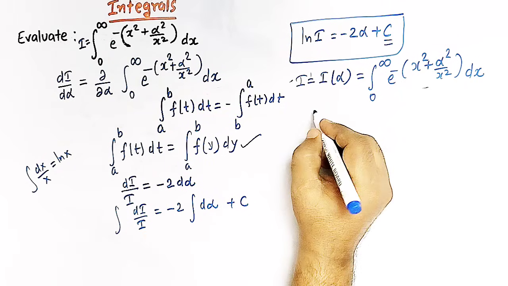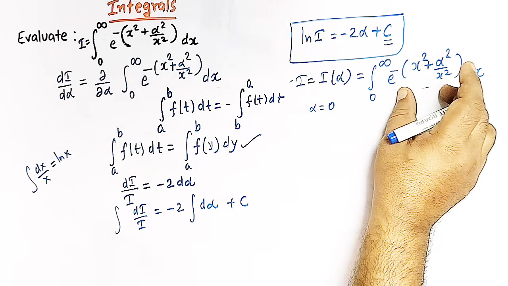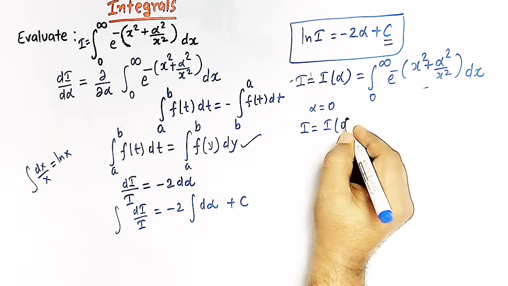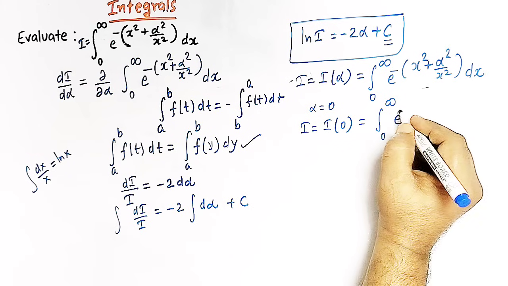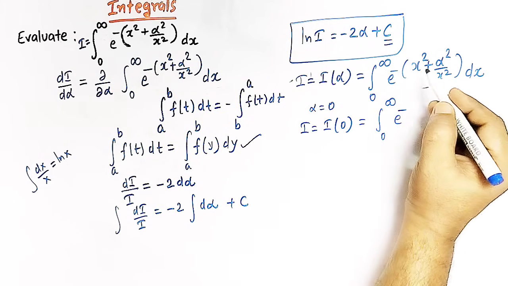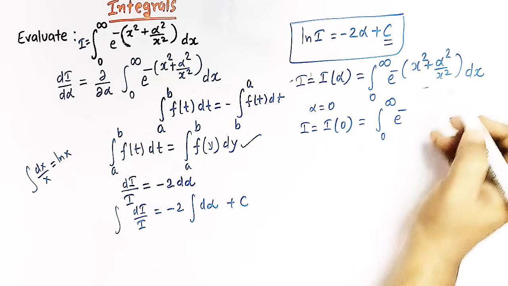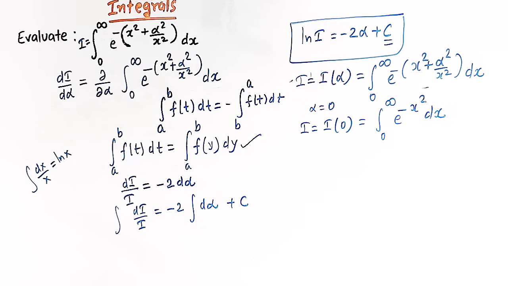So now if we take alpha is equal to 0, then let us see what happens here. So we have I is equal to I of 0, and here we have 0 to infinity, and we have e raised to minus x square plus 0, because alpha is equal to 0. So we have e raised to minus x square and dx, right?